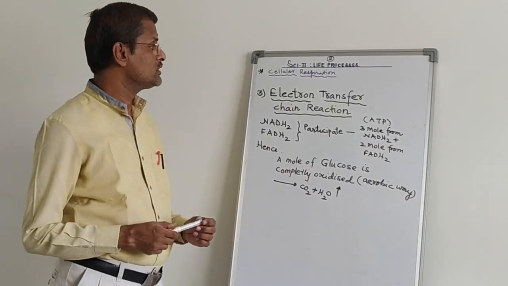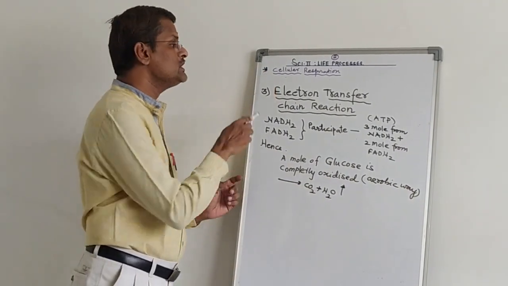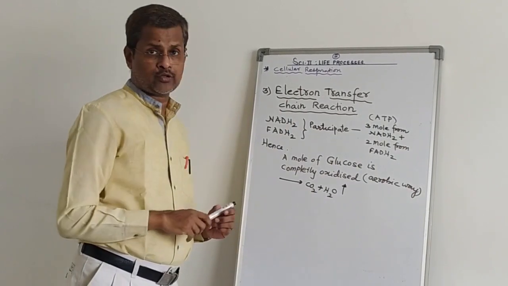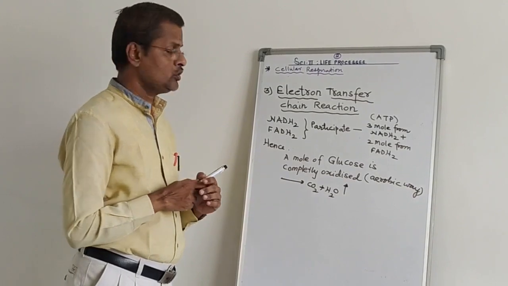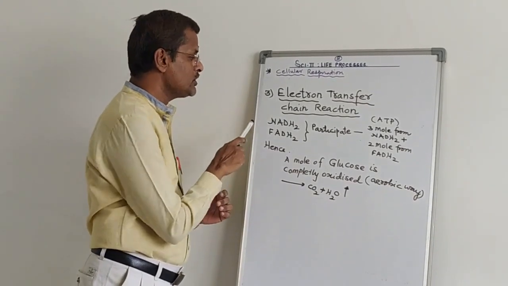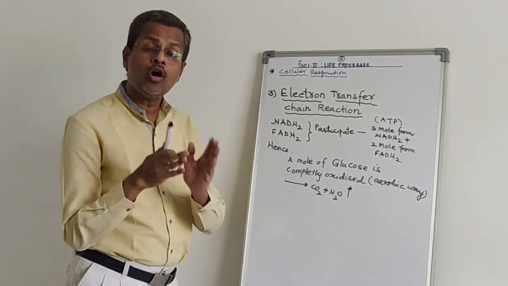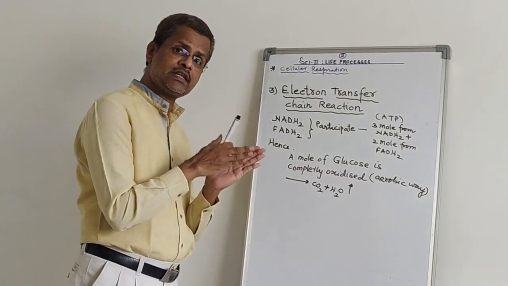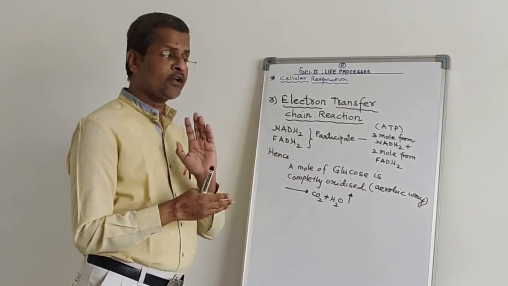We will move towards the third step of cellular respiration, that is the electron transfer chain reaction. Now in the electron transfer chain reaction, the enzymes NADH2 and FADH2, which are already produced in the first 2 previous steps, participate in this reaction.